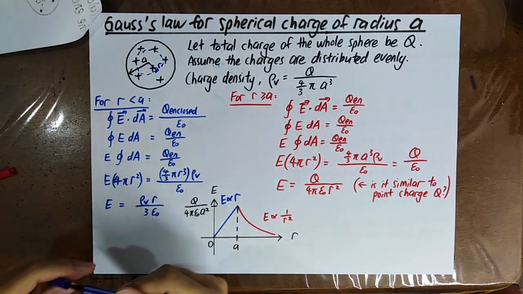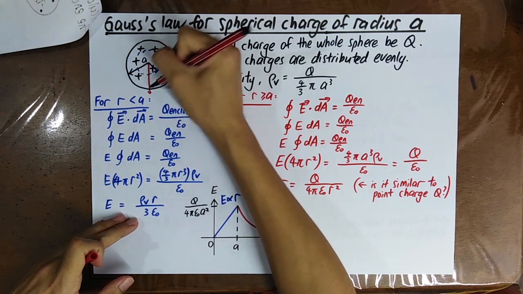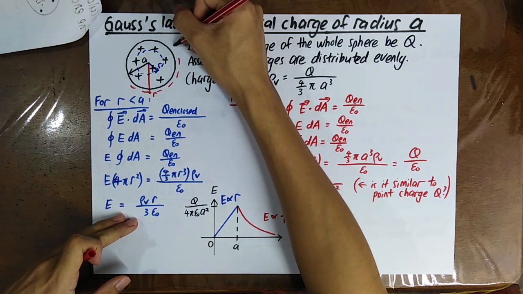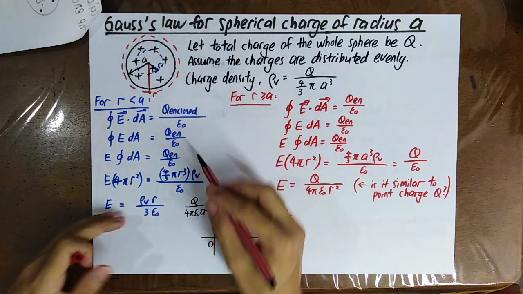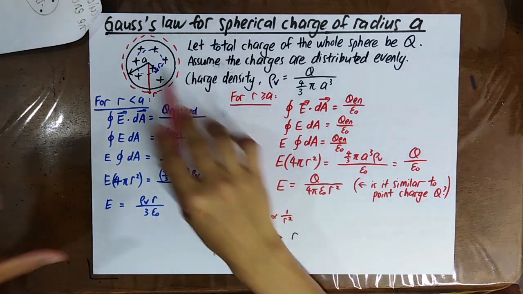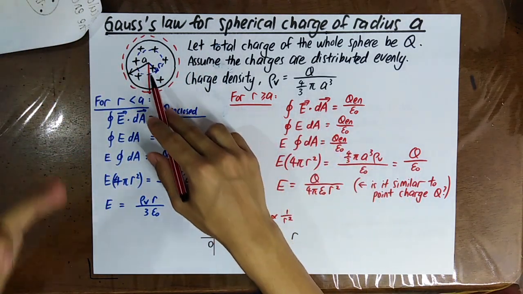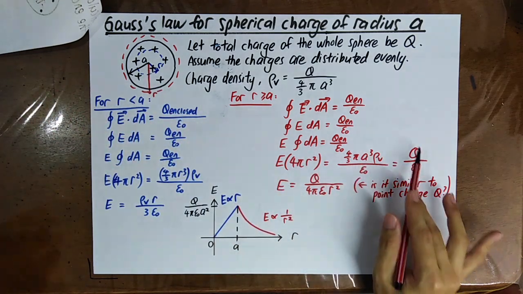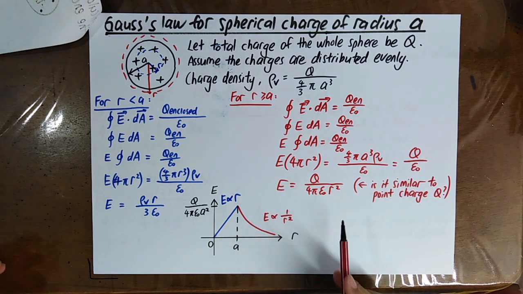For R greater than A, that means you draw another Gaussian surface here. That means the Gaussian surface is now outside the volume of the charges. So you know that no matter how R increases now, the total charge enclosed by the Gaussian surface is still a constant, which is Q. And you know that E is now inversely proportional to R squared.